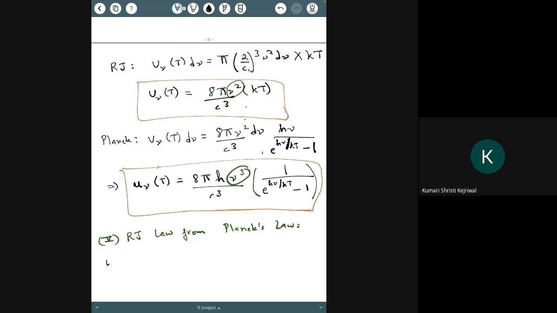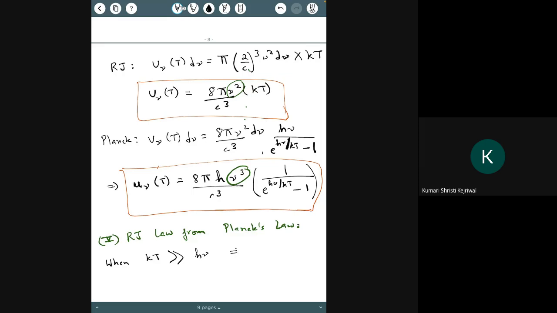kT is very much larger than h nu. Like I was saying, h nu is really small in a general case, but when it is really small compared to kT, that is when you get a classical behavior for the energy distribution.